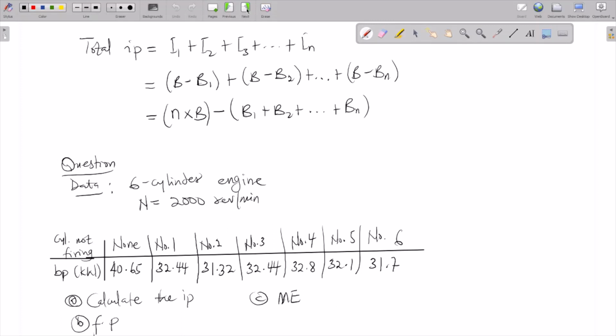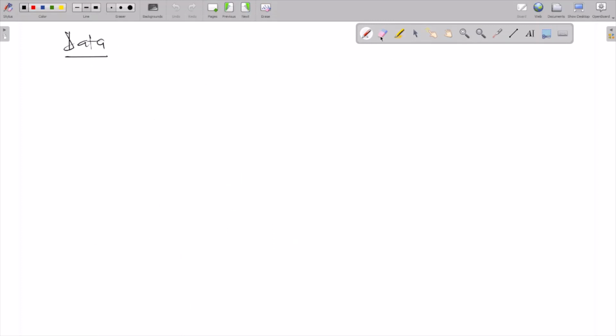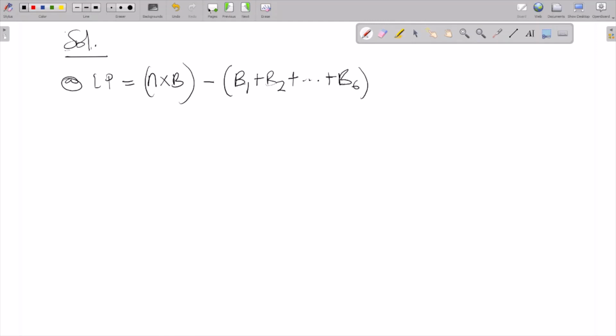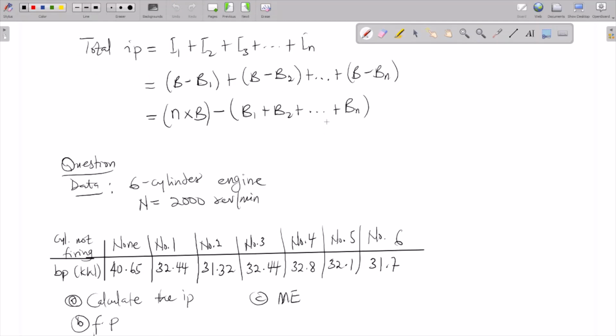Now to calculate the indicated power, which is the I part of it, the equation is the number of cylinders times the total brake power minus the sum of the brake powers, up to 6 cylinders, just like how it's been shown here earlier.